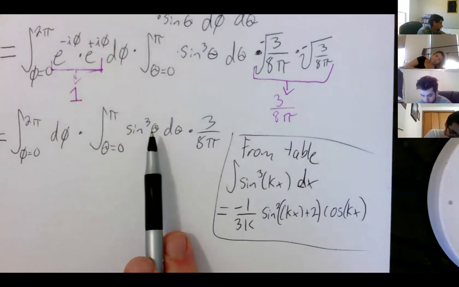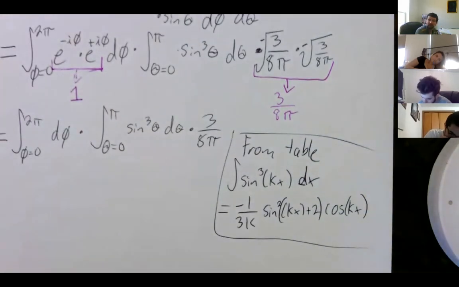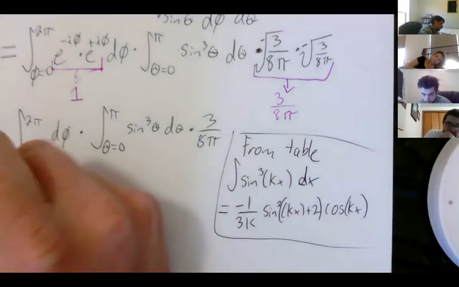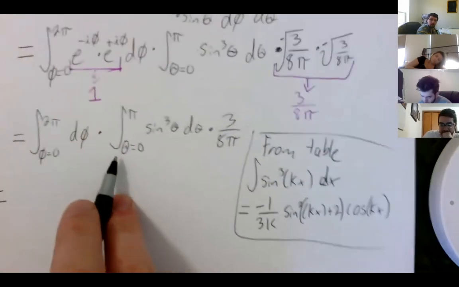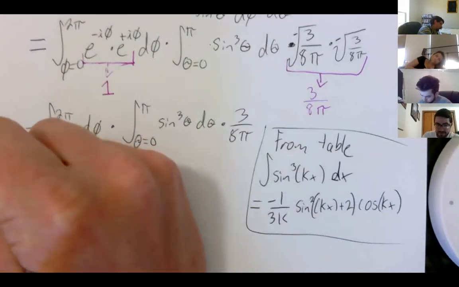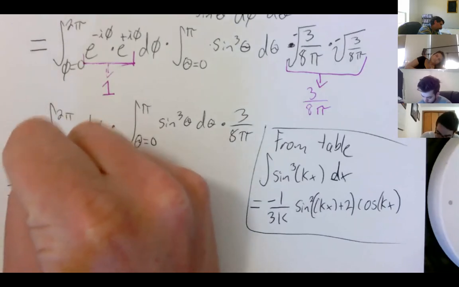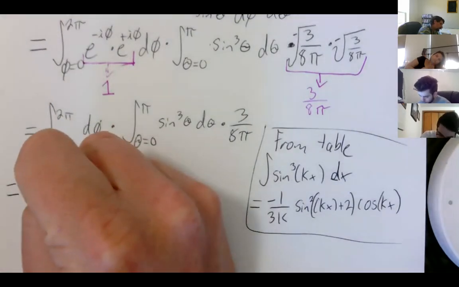Yep, 1. So this first part is integration from 0 to 2 pi, which is easy.